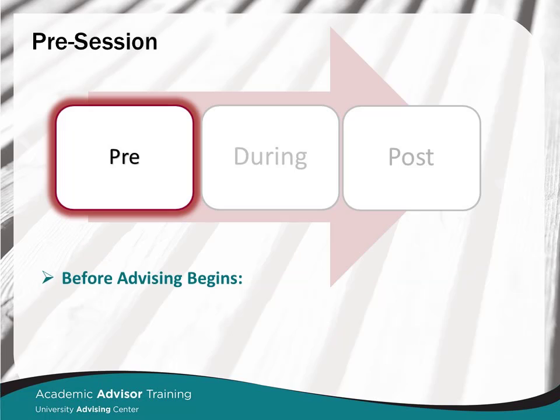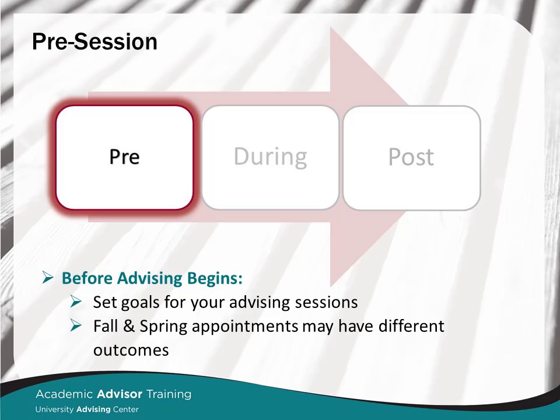Pre-session. Before advising begins, set goals for your advising sessions that can frame your focus and determine the outcomes of the conversation. A fall appointment may have different outcomes than appointments in the spring.